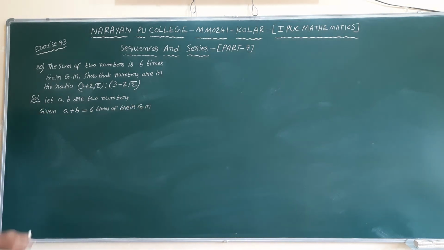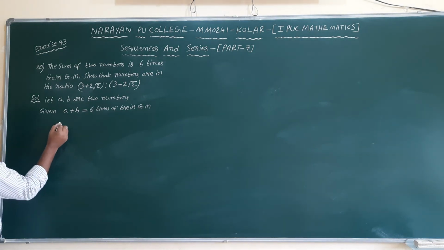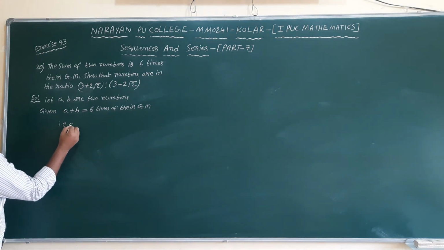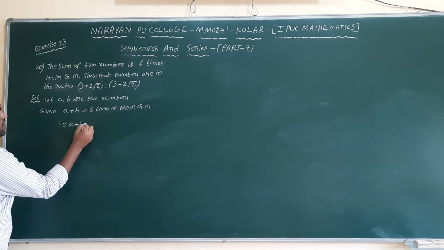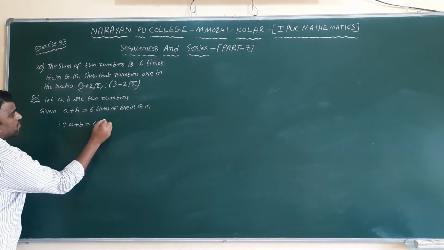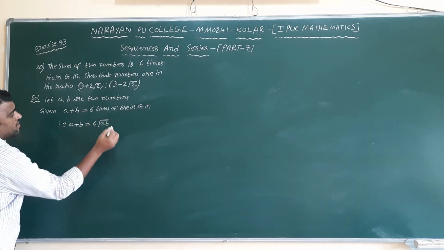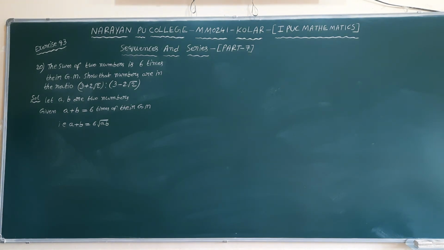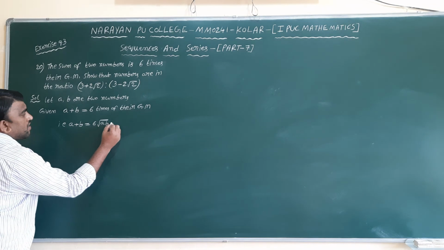So geometric mean is nothing but root ab. So that is a plus b equal to 6 into root ab. Geometric mean of a and b is root ab. Now this you can take as equation 1.